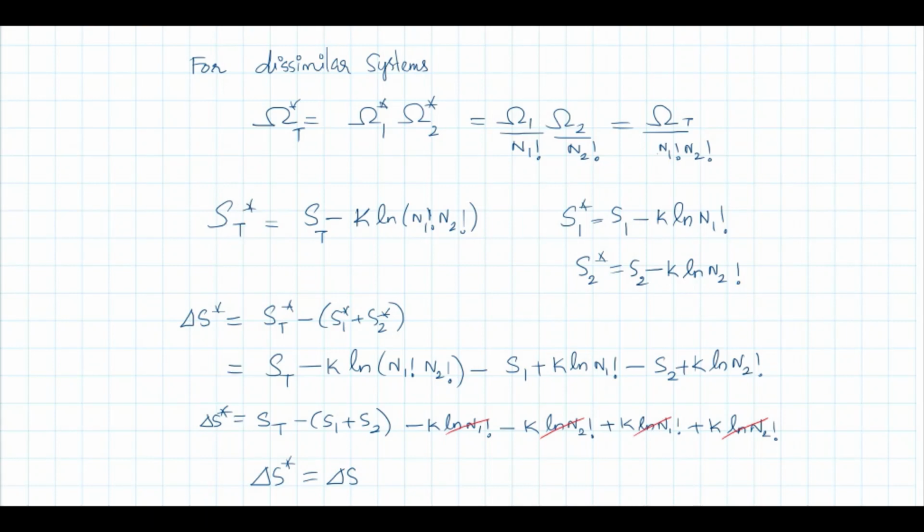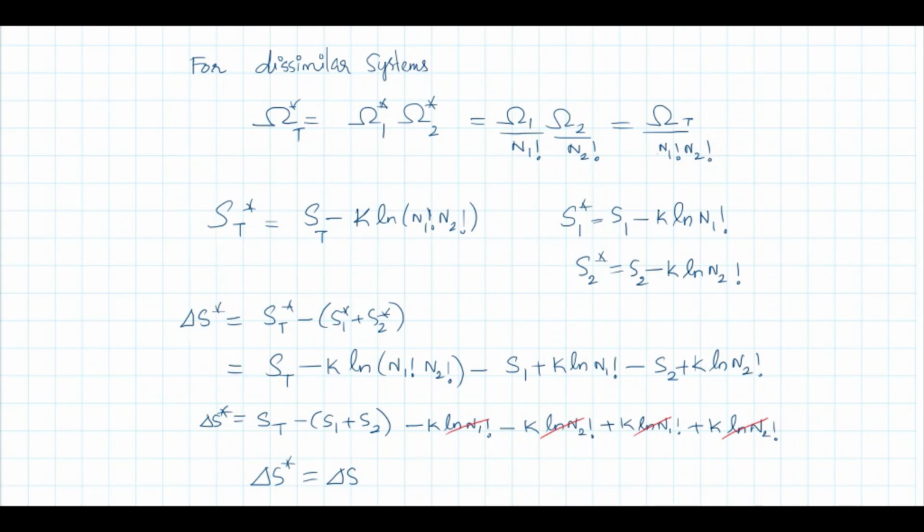So St star, the new defined entropy, is St, the old entropy, minus k log n1 factorial, n2 factorial. For the first compartment, it is S1 star equal to S1 minus k log n1 factorial, S2 star equal to S2 minus k log n2 factorial. If you substitute here, St star minus S1 star plus S2 star, it is nothing but delta S star.